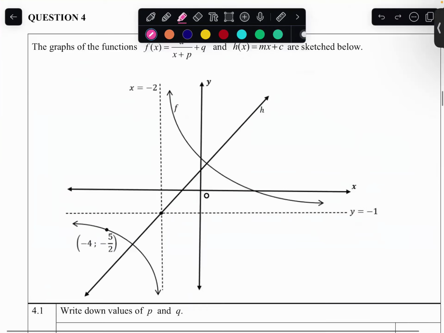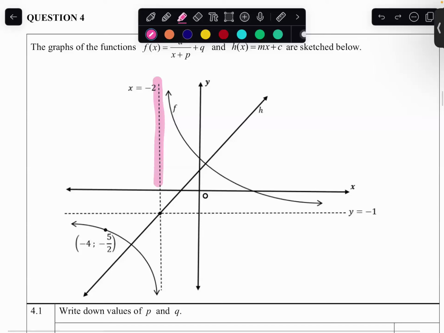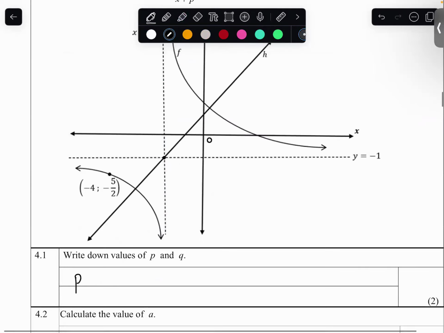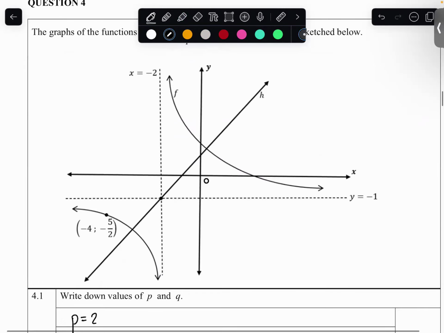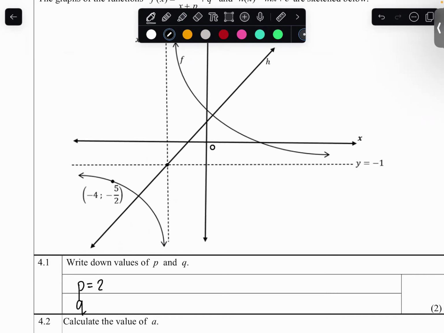P with the opposite sign. So P is the vertical asymptote. It's this one. It's -2, but with the opposite sign when you put it into the equation, so it's +2. So P is equal to +2. And Q is the horizontal asymptote, this one. So Q is equal to -1. The horizontal asymptote keeps its same sign, right? Okay.